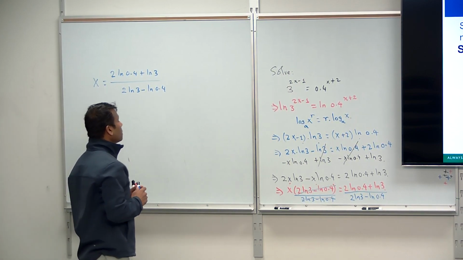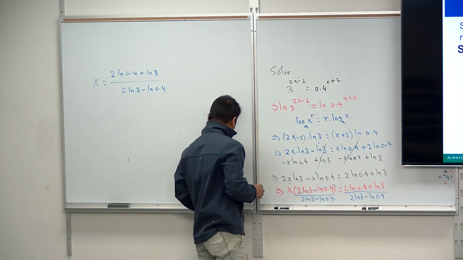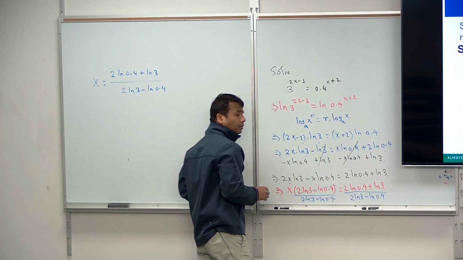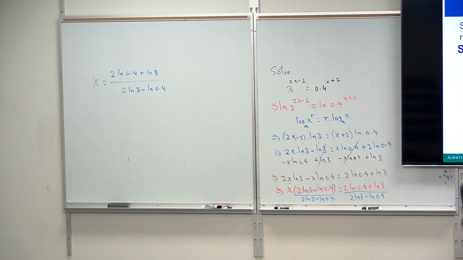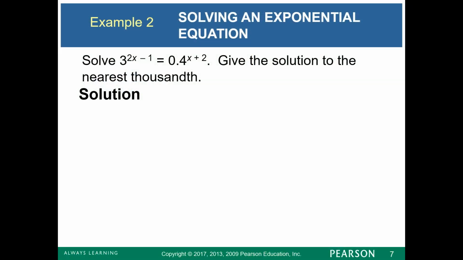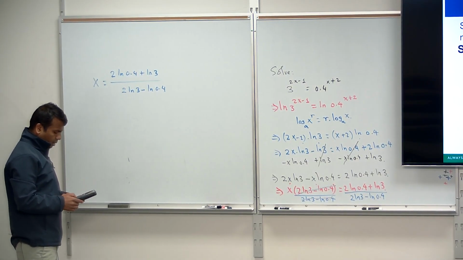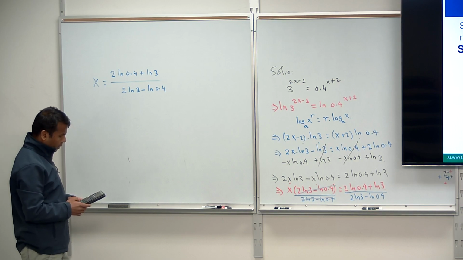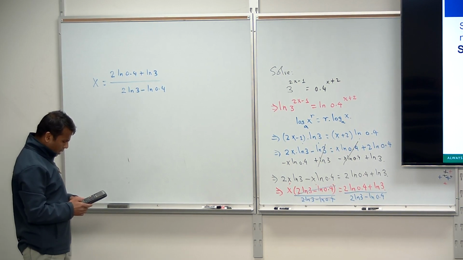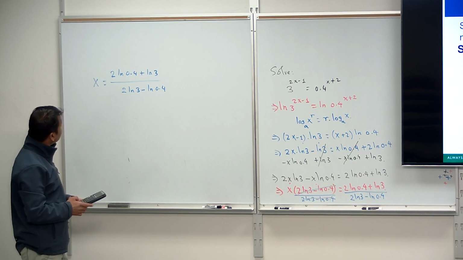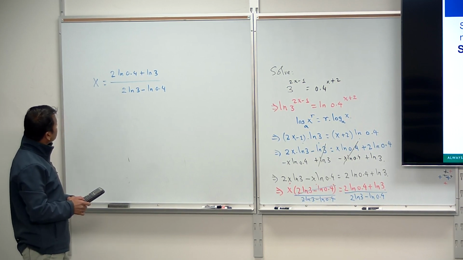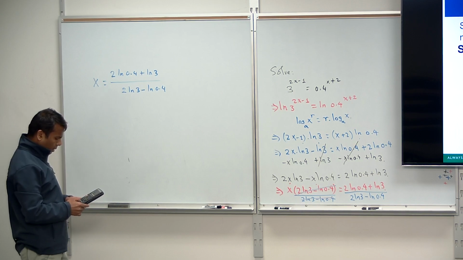So now you have to use a calculator, okay? Can you find out what is the value of this right-hand side? You use the calculator. So let me use that one, okay? 2 ln 0.4 plus ln 3.